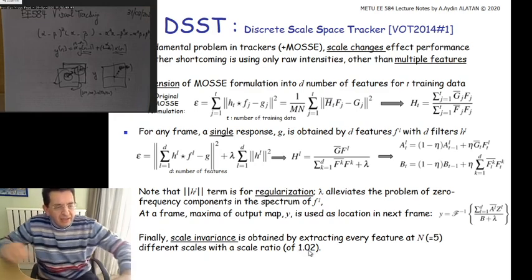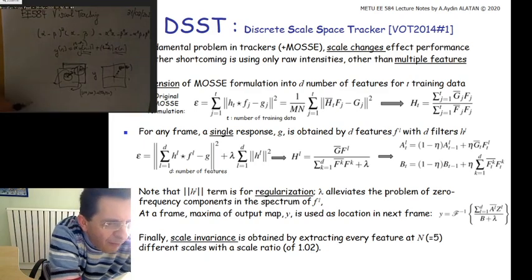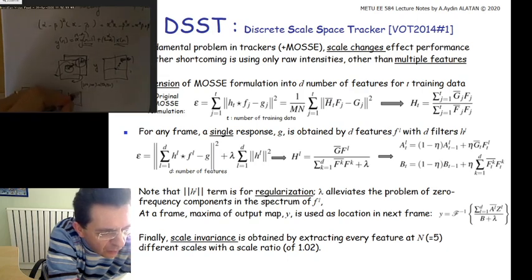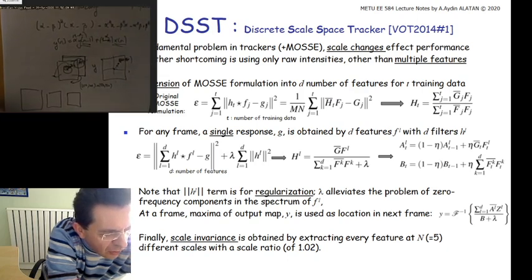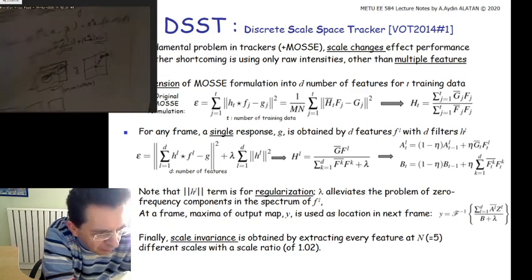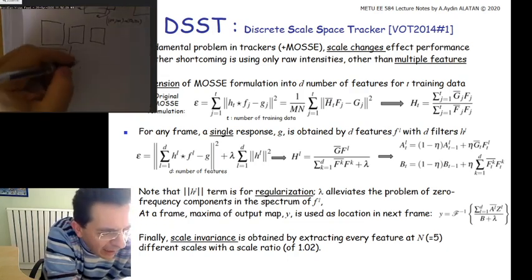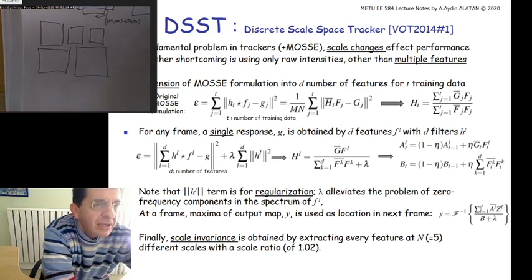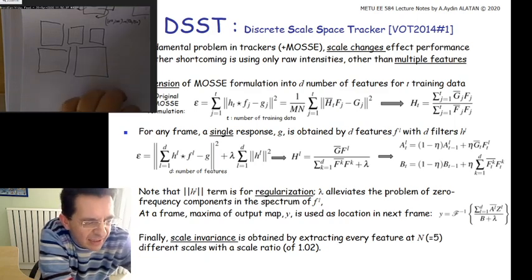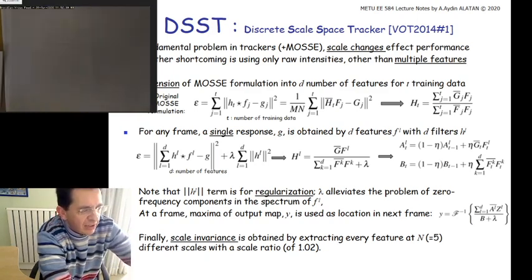In other words, starting from here, I have a smaller version, another smaller version, and in the meantime a larger version. It goes on like this, and then I obtain larger and larger versions. In this way, I am testing my results with respect to these smaller or larger objects, okay?